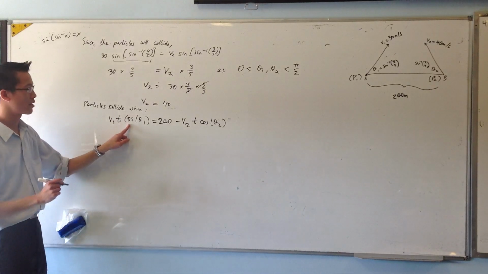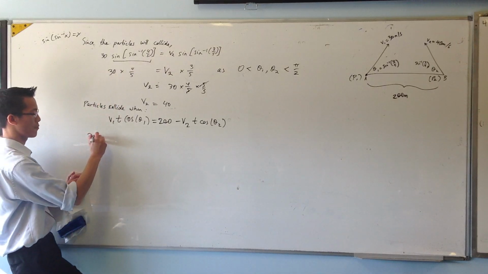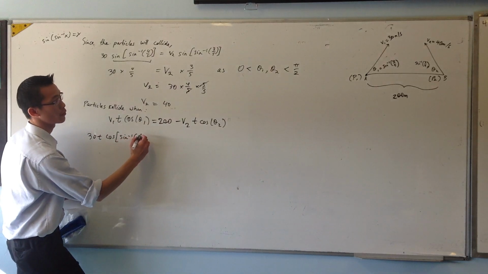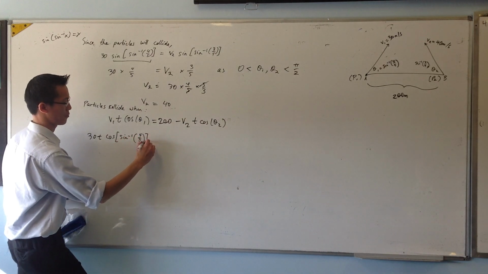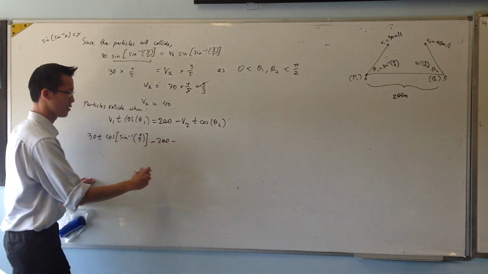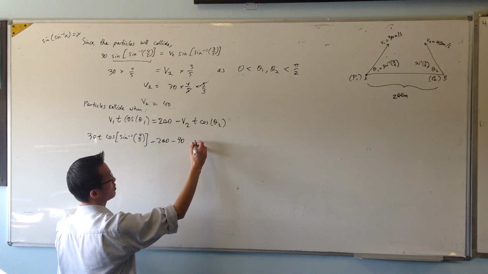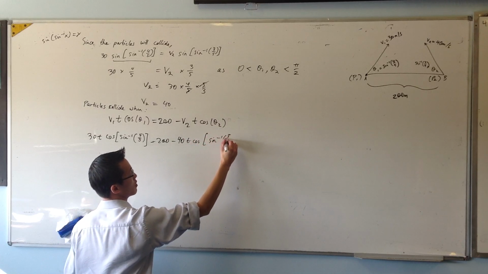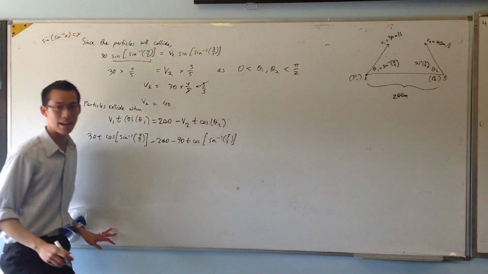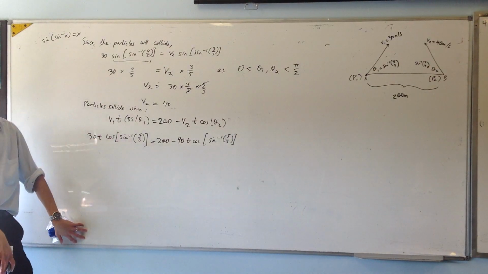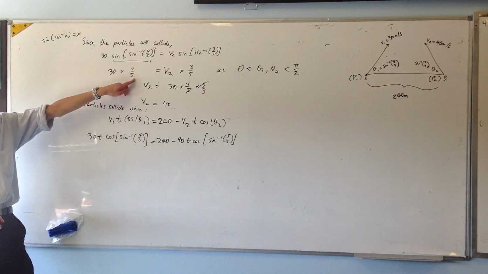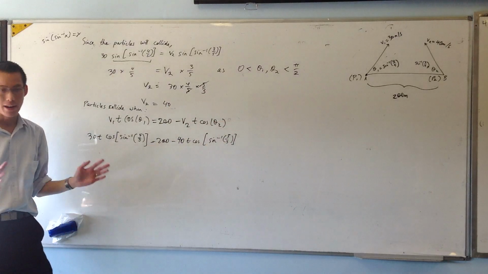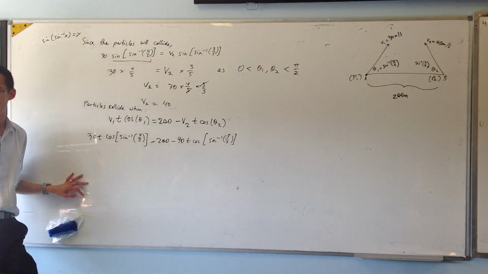V1 is 30t cos of sine inverse 4 over 5 equals 200 minus 40t. Again, I'm going to evaluate this in a second. And again, just like before when I got rid of my inverse trig functions, I have to note that these angles are acute. But how do I get rid of these when I've got cos and sine inverse together?